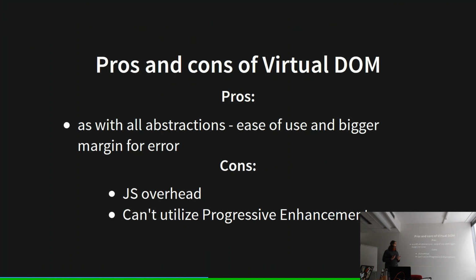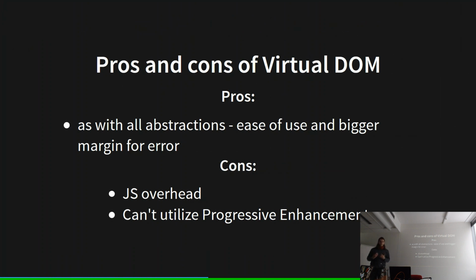The main con of the virtual DOM is that you have a JavaScript overhead. That means that you have to bring a lot of JavaScript in just for the framework, and depending on how you code, you also bring a lot of those blueprints with you.